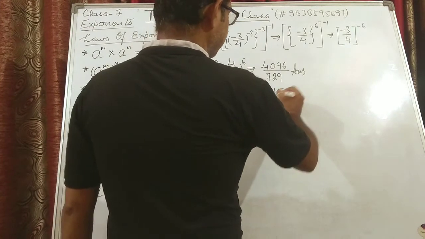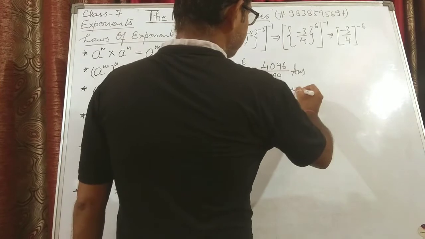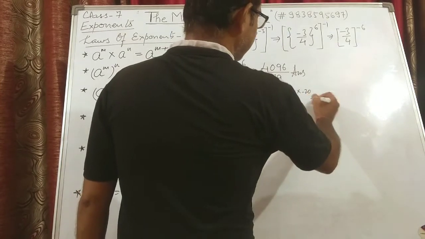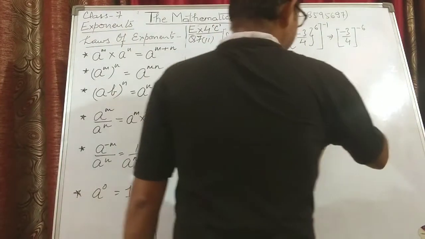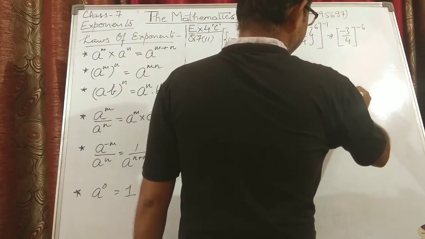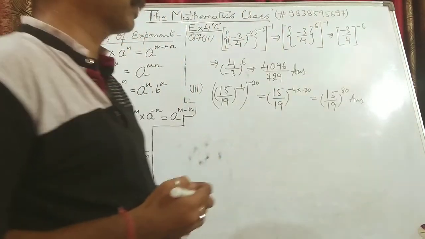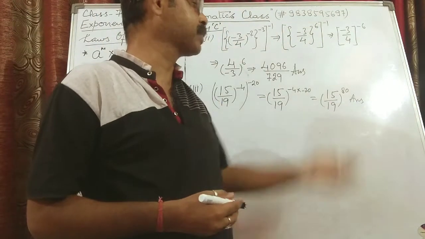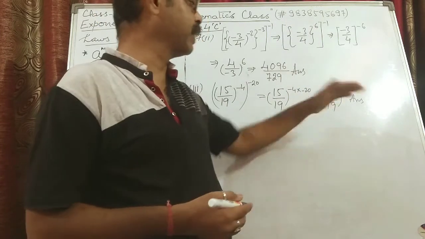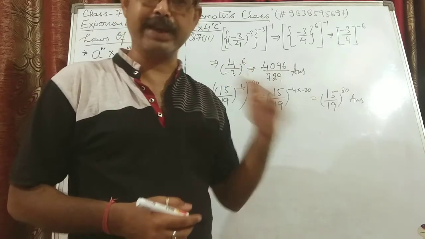So this can be written as (15/19) to the power -4 into -20, which can be further written as (15/19)^80. That is your value. Why? Because it is very difficult to multiply 15 eighty times and then 19 eighty times. So better you leave your answer up to here. That's it.